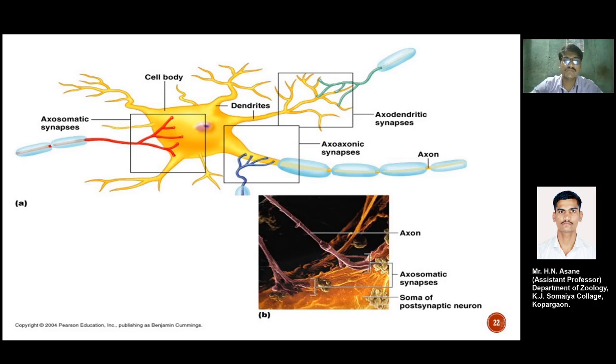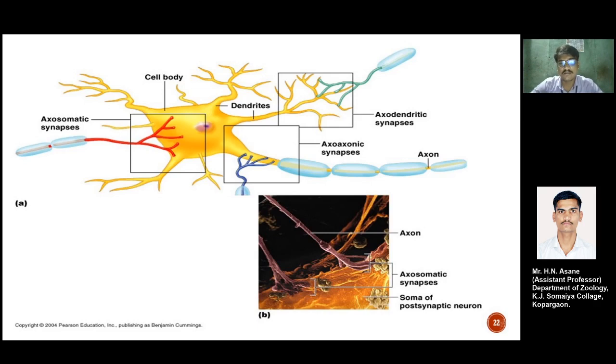Axoaxonic synapses mean that one axon conveys the message to the axon of another neuron. As you can see in the realistic picture of these synapses, the purple is the axon of a neuron and the yellow body is the cell body of a neuron.